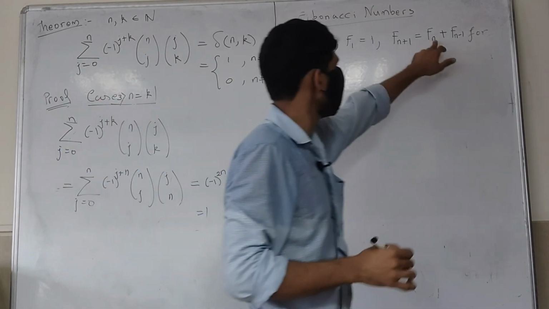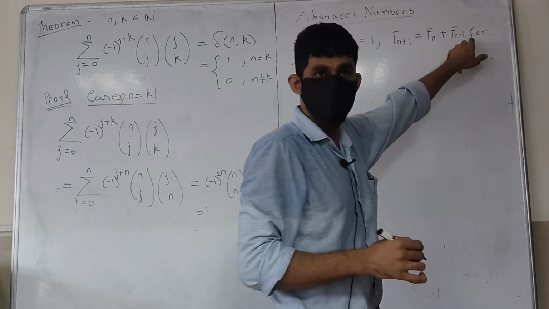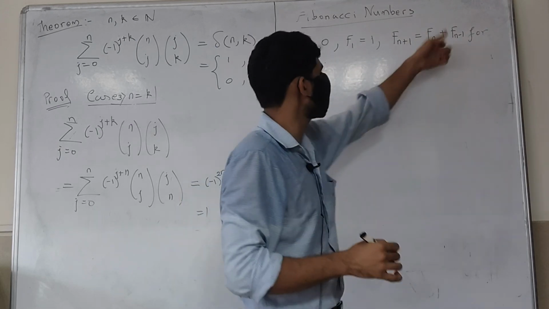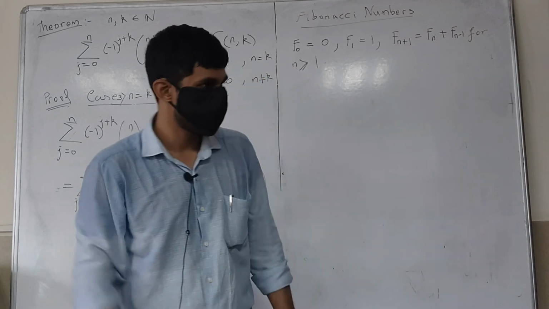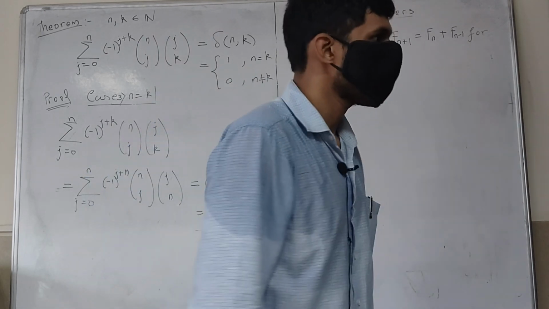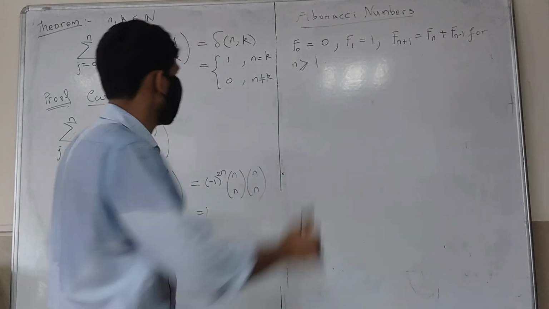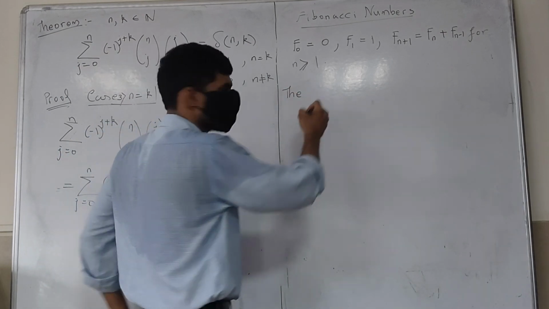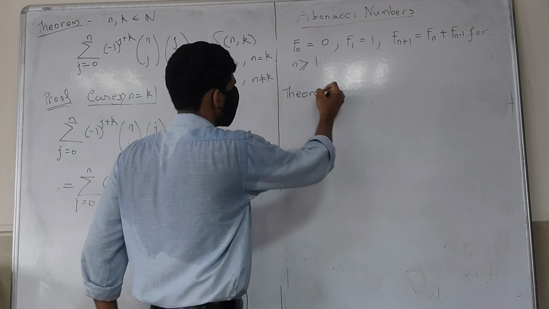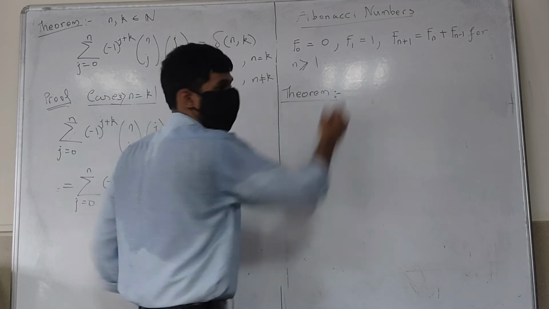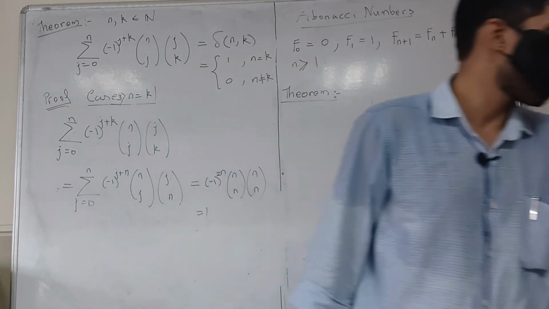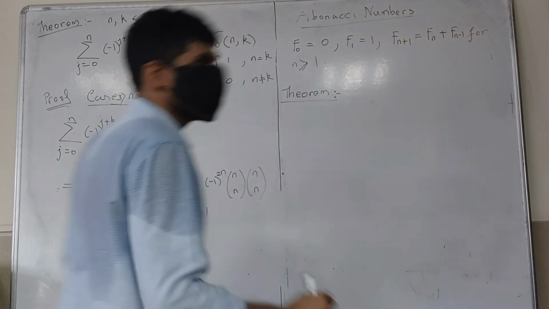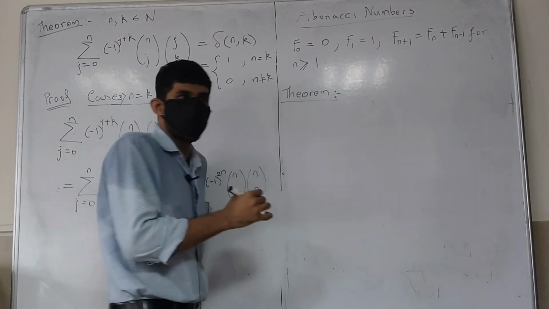So f2 would be f1 plus f0, which is 1, f3 would be 2, and so on. There is one special identity here. You will have done most of these things in Fibonacci numbers. There is just one application which we will use in Fibonacci numbers for the binomial coefficients. That is what I am interested in. So I'll leave this out to you.